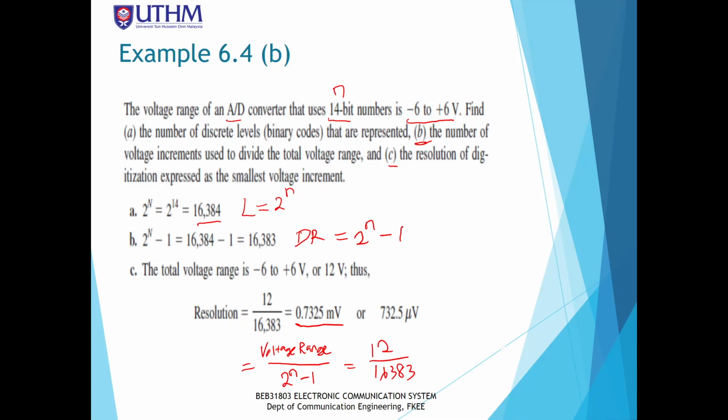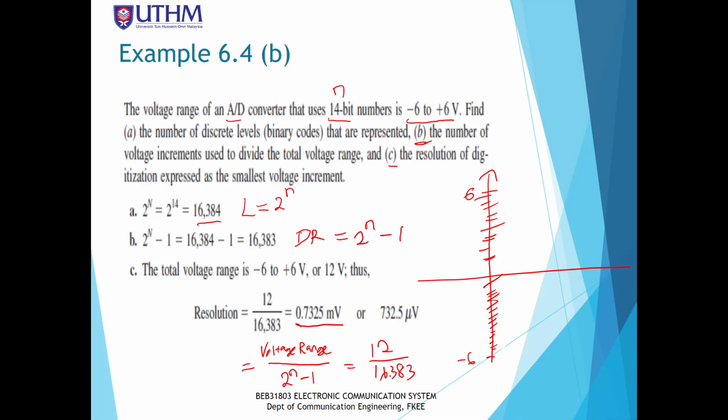If you draw the graph from 6 until -6, there are going to be a lot of levels over here, 16,383 levels excluding the x-axis.